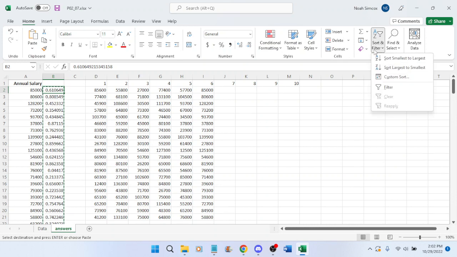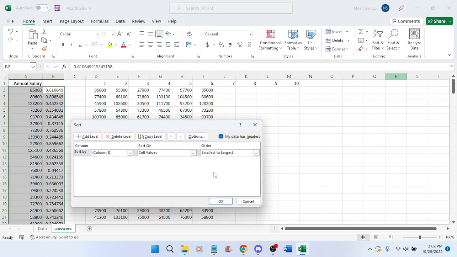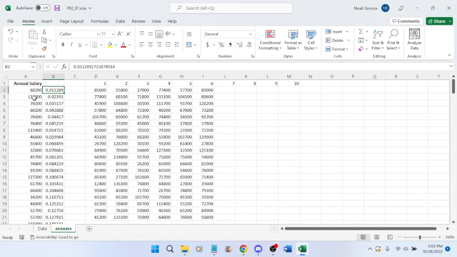Sort from smallest. Yeah, whatever, we're just gonna do this.